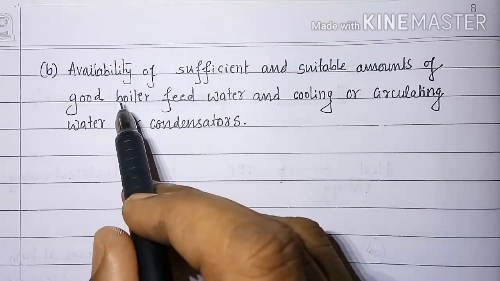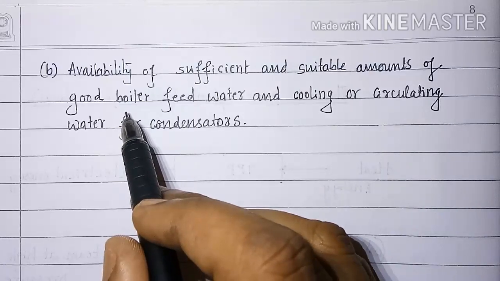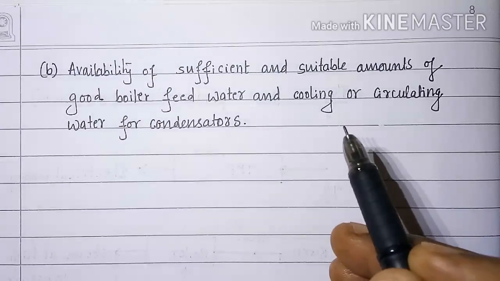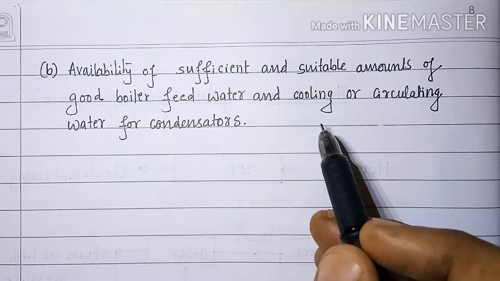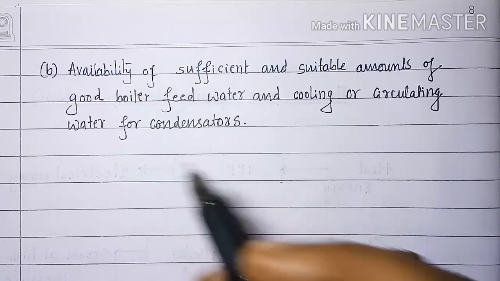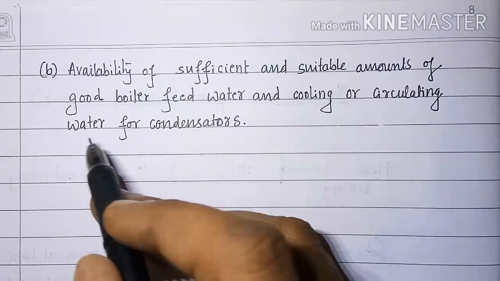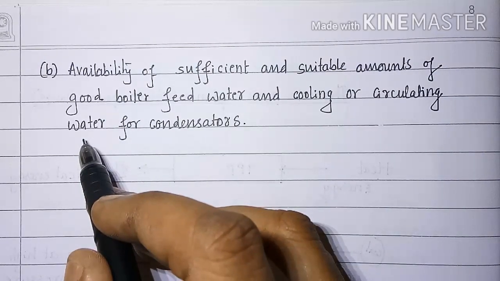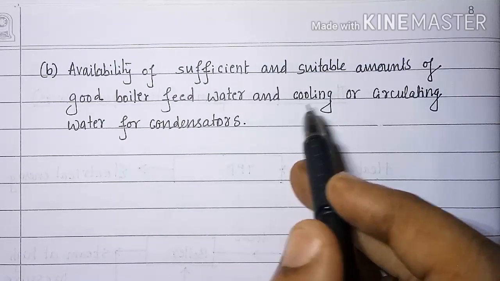See, water is much required in thermal power plants to feed the boiler, in which water gets converted into steam. And when the steam comes out of the turbine, we need to condense it. So, for condensation purpose also water is required. To cool various equipments in the power plant, water is required.